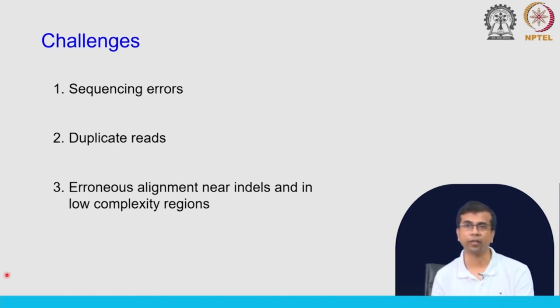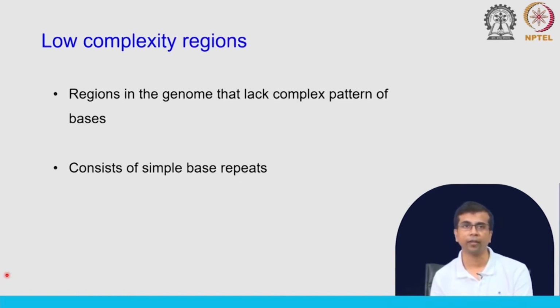These are regions that contain only certain bases, maybe repeated many times, and do not contain a complex combination of these different bases. So, the alignment suffers, and as a result you have false calls, and again this is something we need to be careful about when we are analyzing these variants.